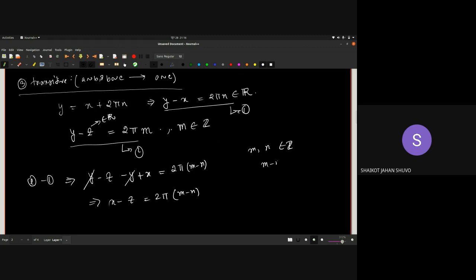So m minus n also belongs to that integer. So this x minus z belongs to R. So within this type of mapping, since x minus z belongs to R, you can say that x is equivalent to z. So under this sort of mapping, you have this equivalence relation.